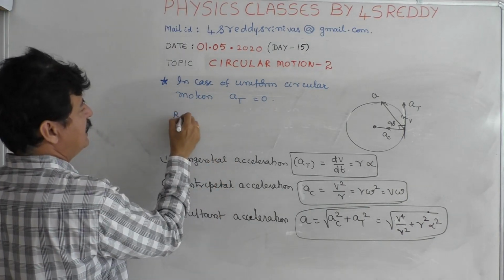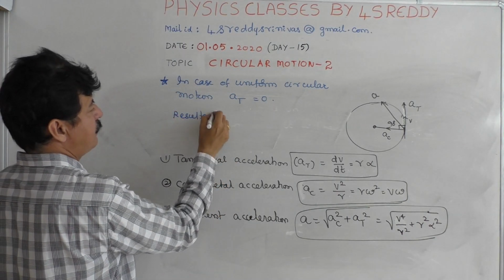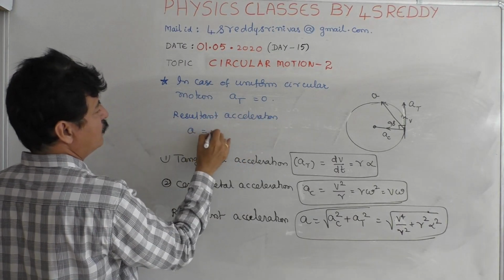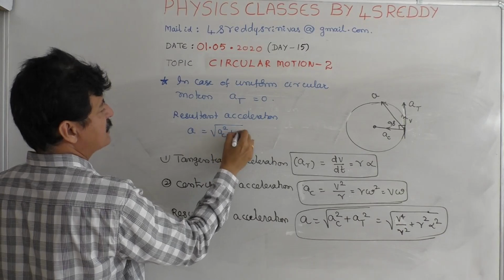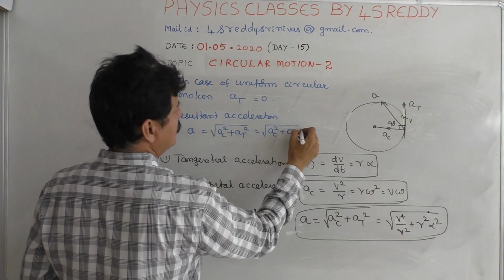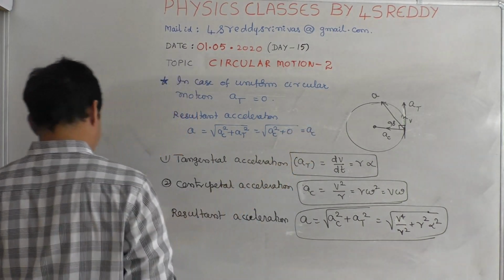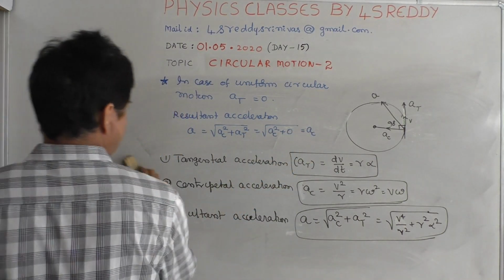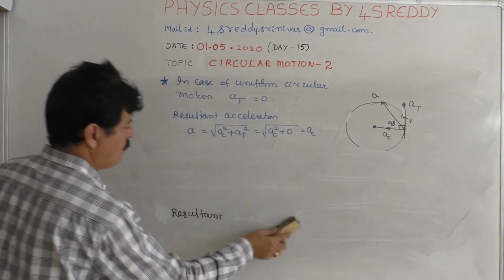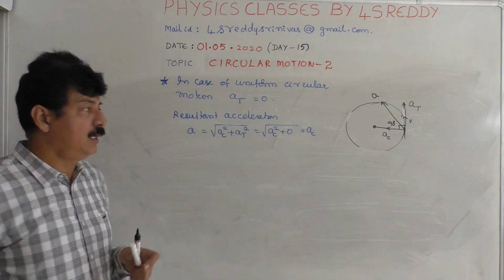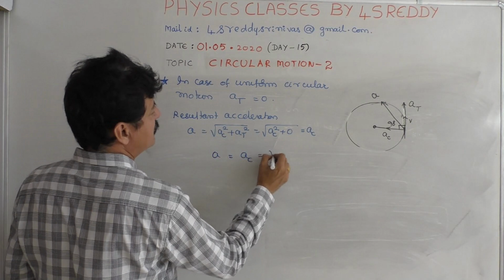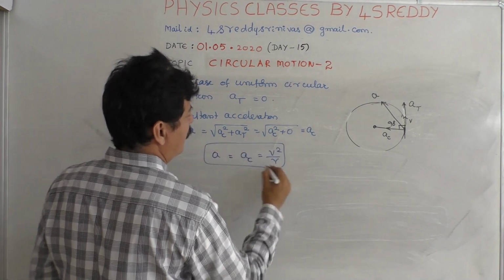Therefore, resultant acceleration A is equal to root of A_C square plus A_T square, root of A_C square plus 0, that is A_C. Therefore, in case of uniform circular motion, A is equal to A_C is equal to v square by r.